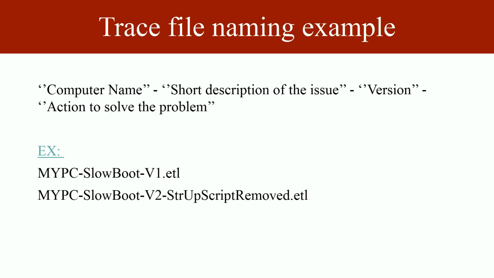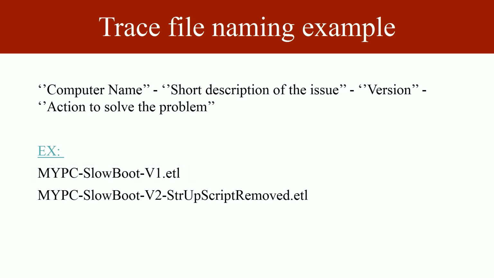I personally prefer to give a trace file a name in the following format: computer name, dash, a short description of the issue, dash, trace version, dash, applied action to solve the problem. For example, you have to troubleshoot a slow boot issue. So your first trace file name can be mypc-slowboot-v1.etl.